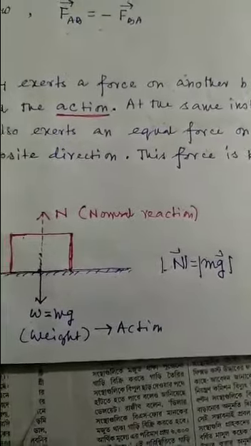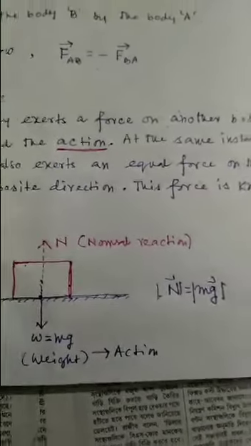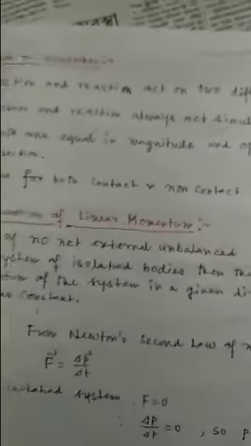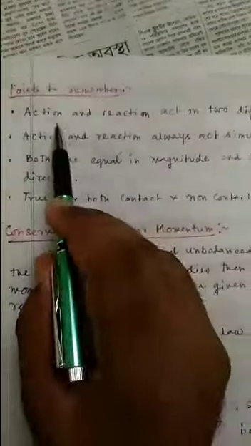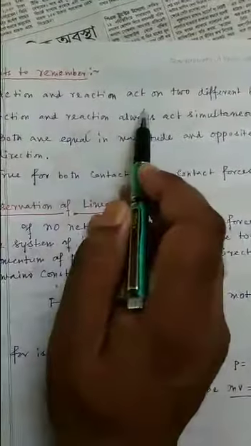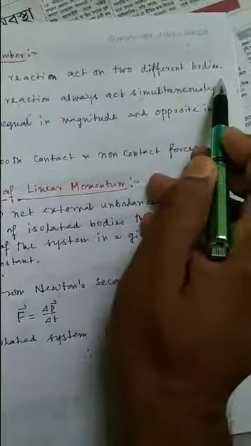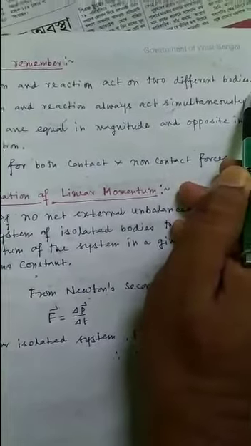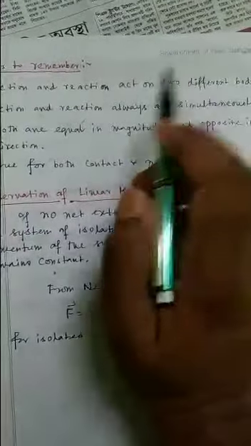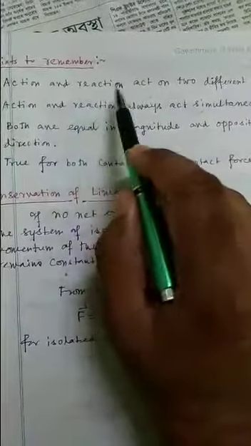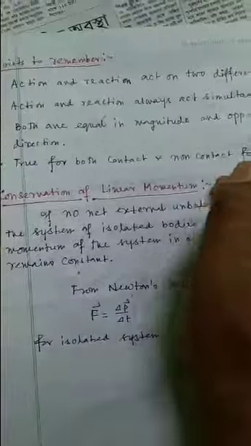Clear? Now, here are some important points you have to remember regarding Newton's third law. First of all, action and reaction act on two different bodies. The forces are equal and opposite to each other, but they act on two different bodies.